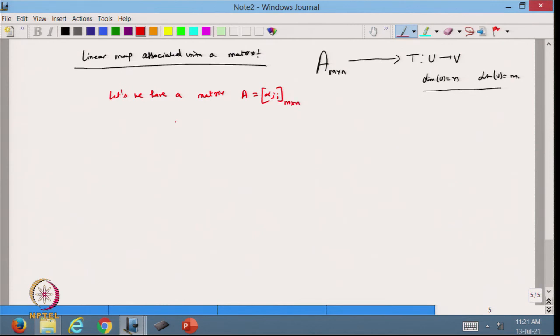Now, then we can define a linear map or linear transformation T from U to V. So, we can define the linear transformation T from U to V. Now, everything depends upon what bases we are going to take.